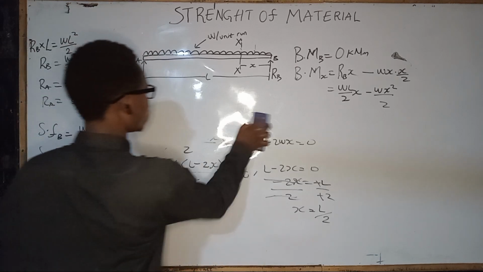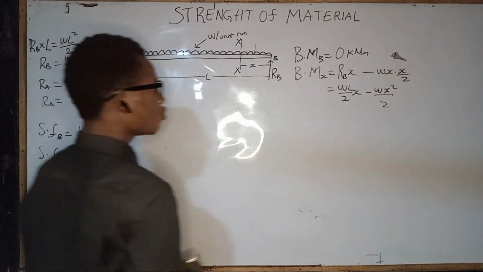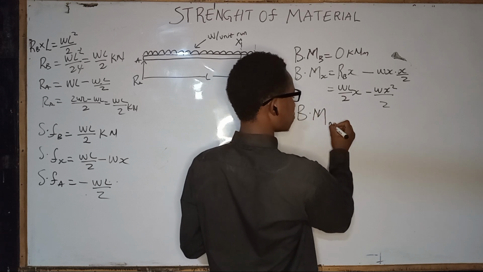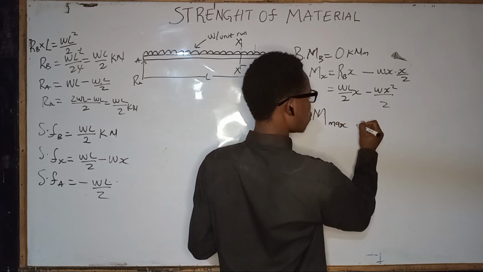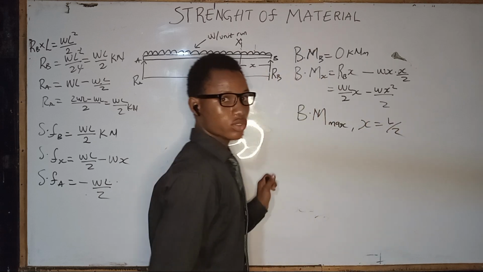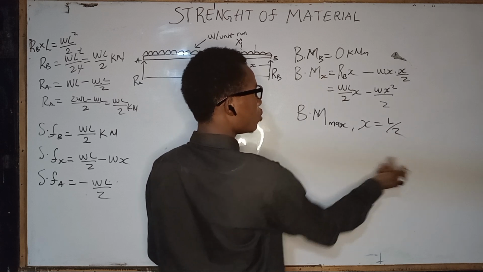So, the bending moment at the max, where x is equal to L over 2: wherever we see x, we put L over 2.